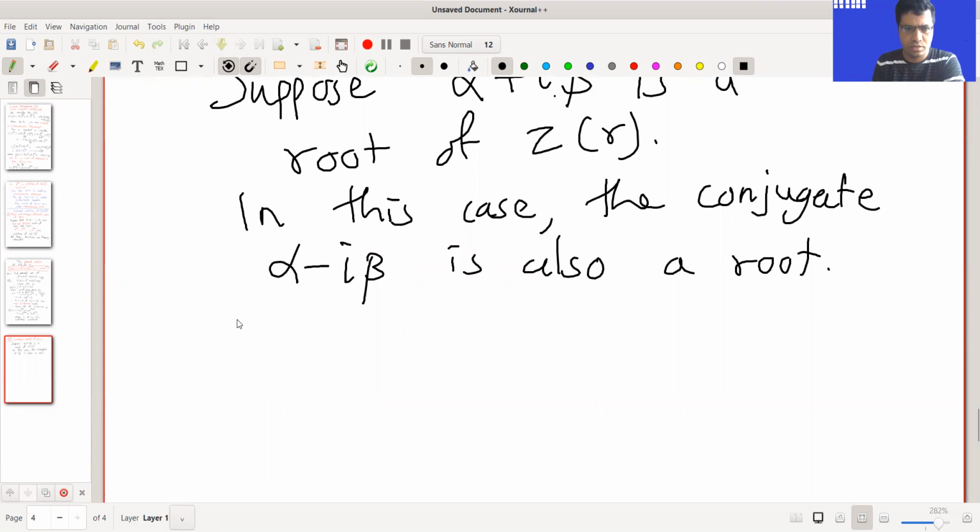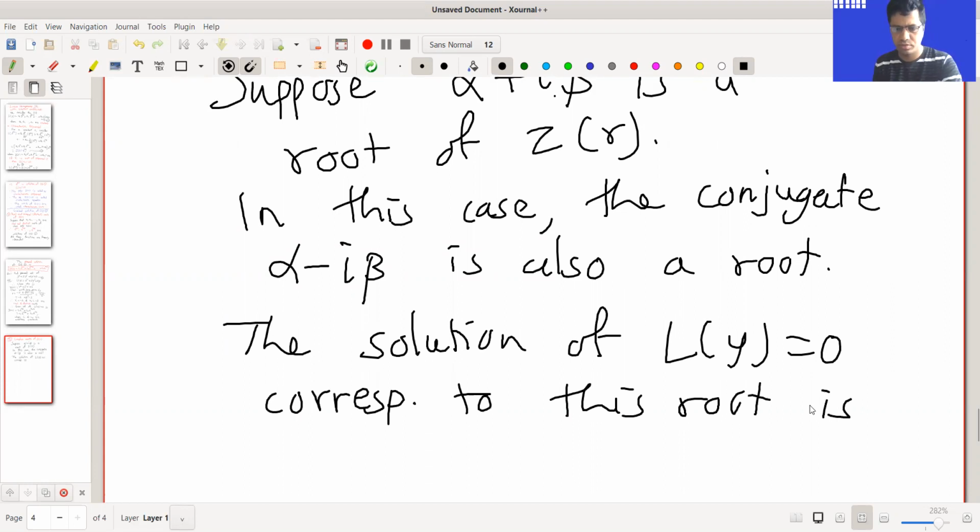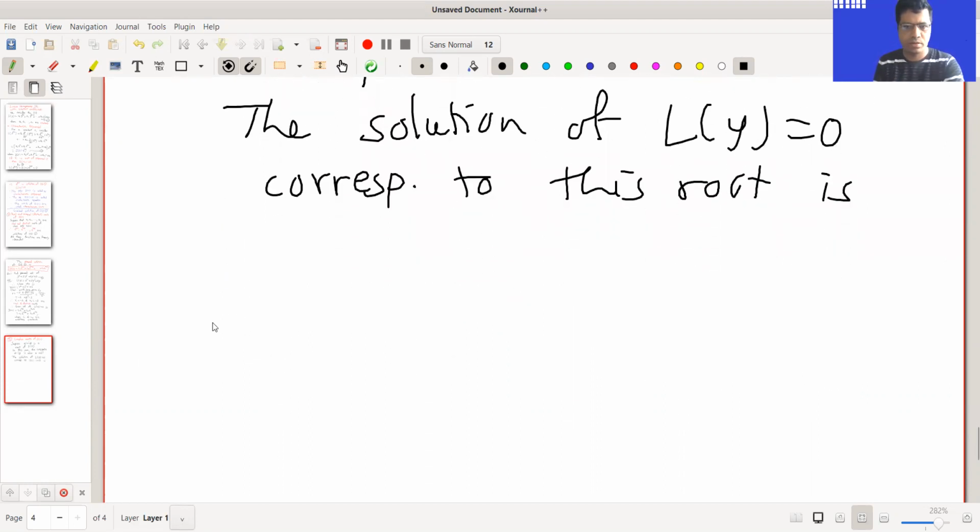And the solution of L of y equal to 0 corresponding to this root is e raised to alpha plus I beta x. Okay, if R1 is a root of the characteristic polynomial, then e raised to R1 x is a solution of L of y equal to 0.